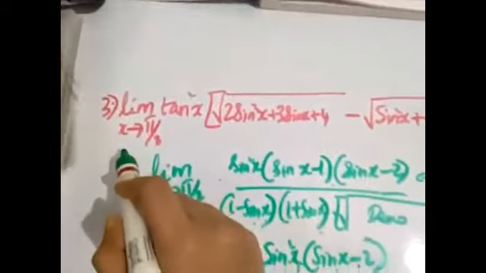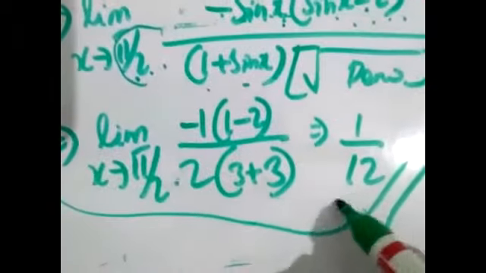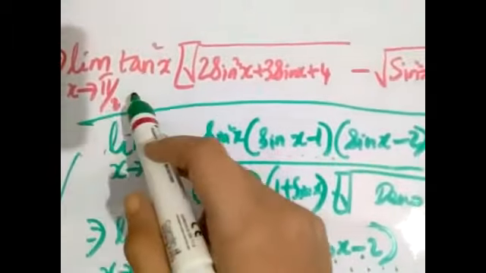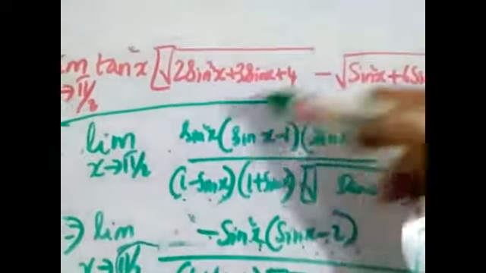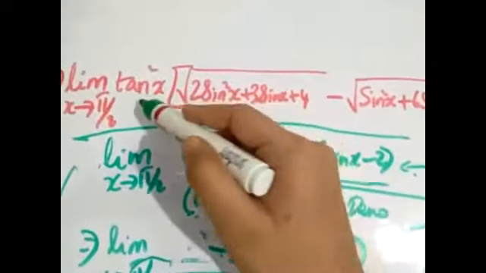See, so from a very complicated problem that it seemed to be at first, we have reached over here. Why we cannot put the limit over here at first itself is because of this tan square x.